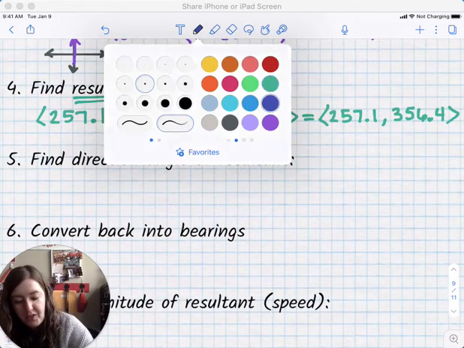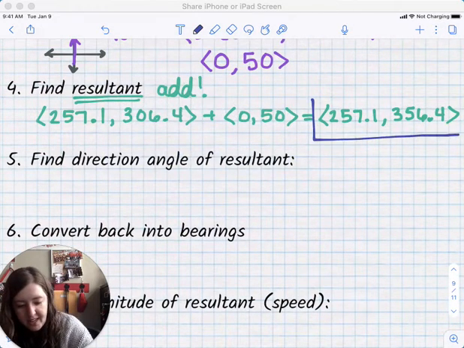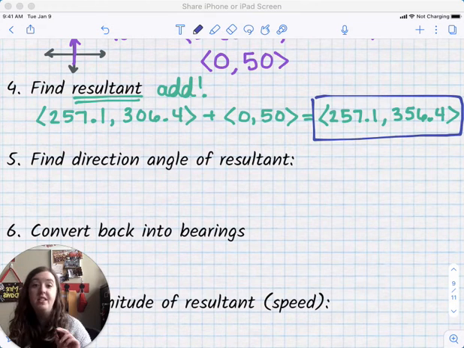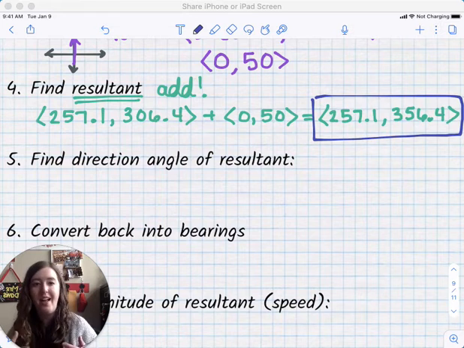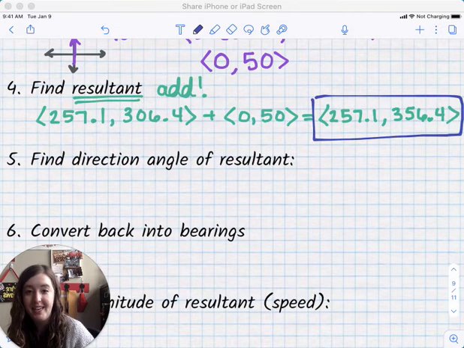So for the next few problems, this is the vector that we're looking at. This is the vector, here's my plane, plus the wind. So everything acting on that plane all together.